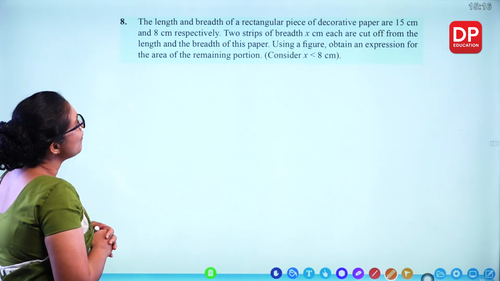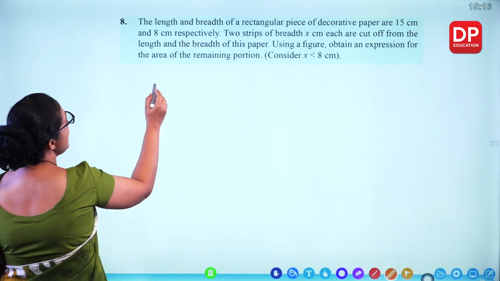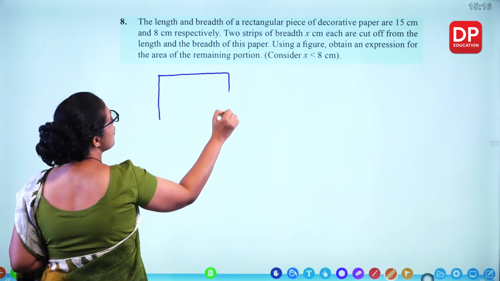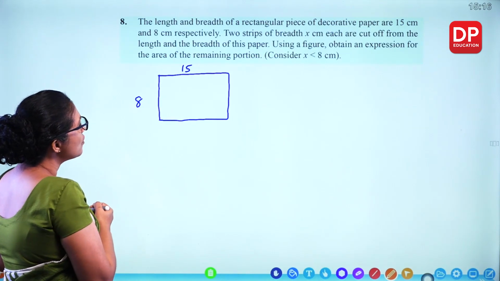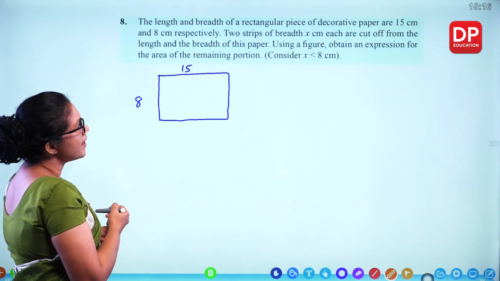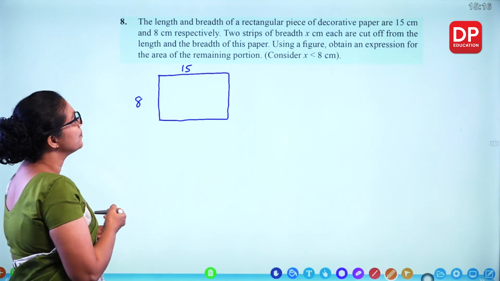Question number 8, worded problem. The length and breadth of a rectangle piece of decorative paper are 15 and 8. We'll try to draw that. 15 and 8. Two strips of breadth x centimeters each are cut off from the length and the breadth.